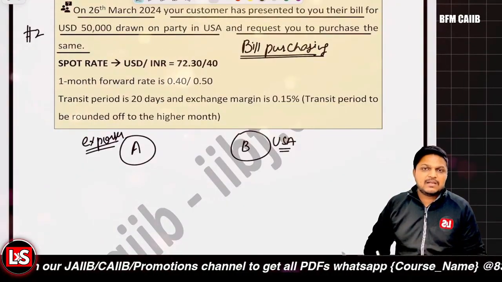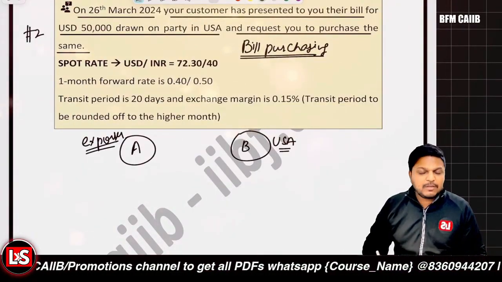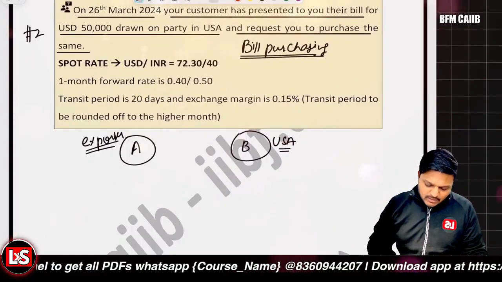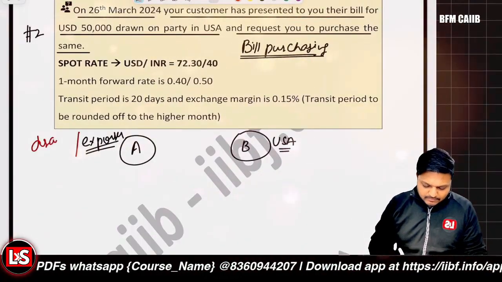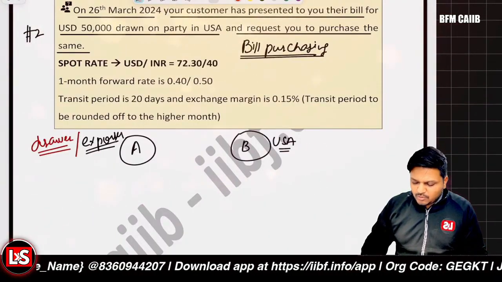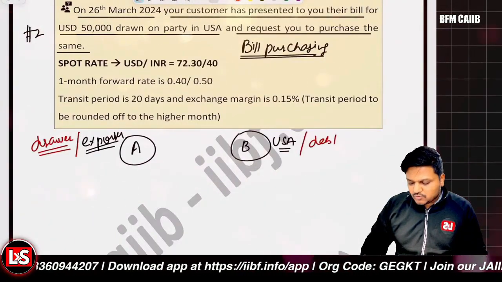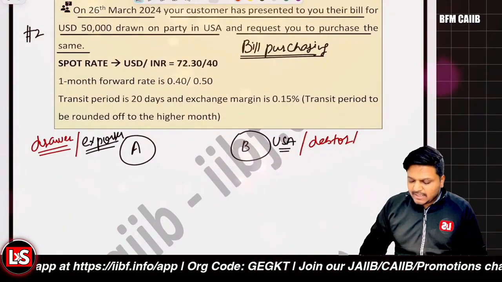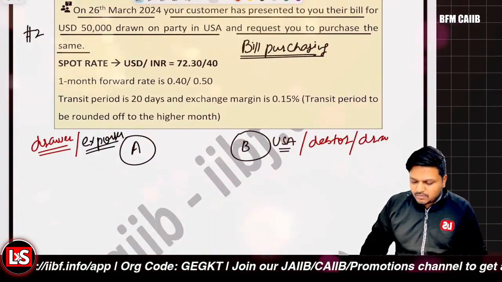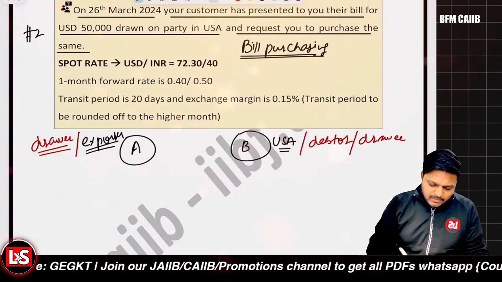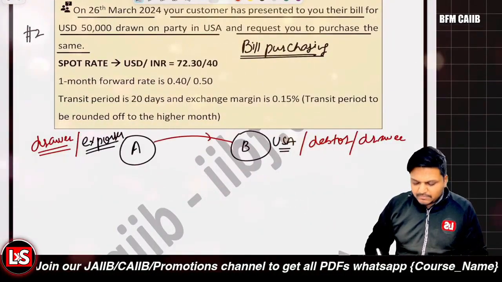So we draw a bill of exchange on person B. Person A is the drawer of the instrument, and it is drawn on person B, who is the debtor. Person B is the debtor who is to repay the money, and he is the drawee on whom the bill is drawn. So person A drew the bill on person B.